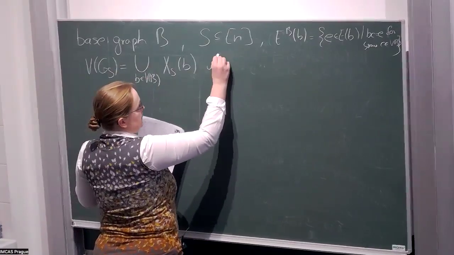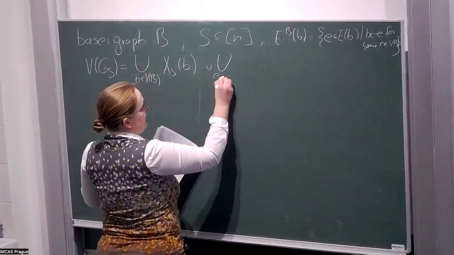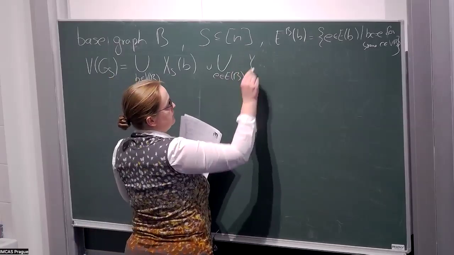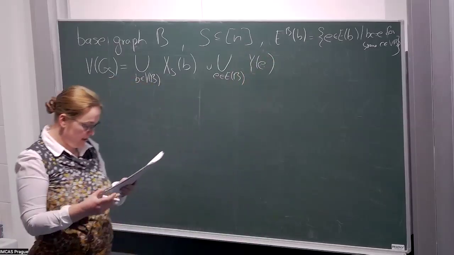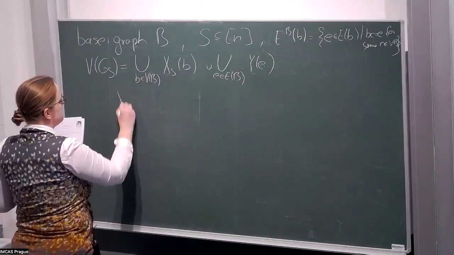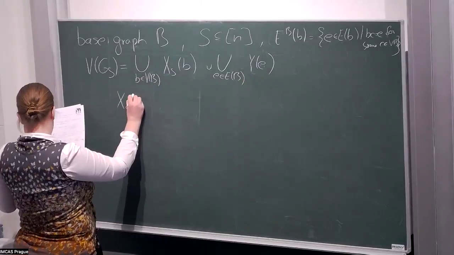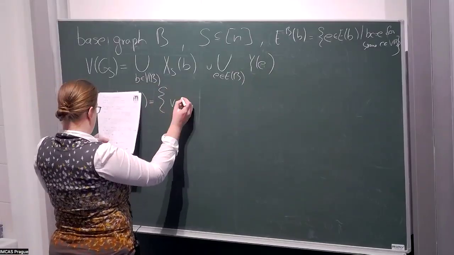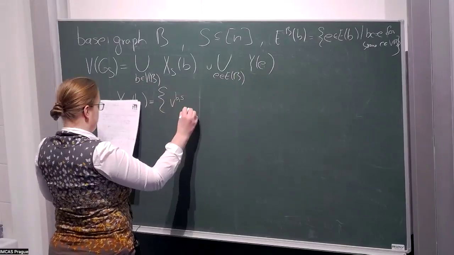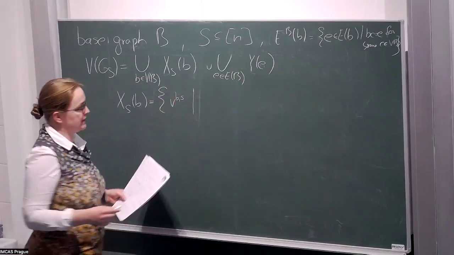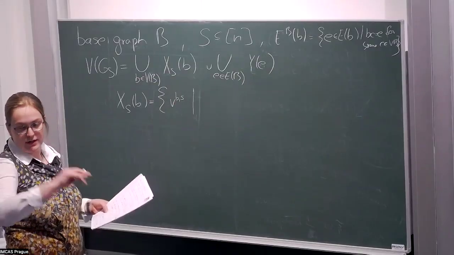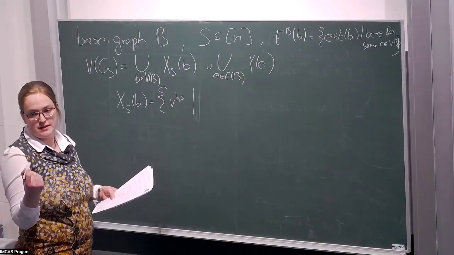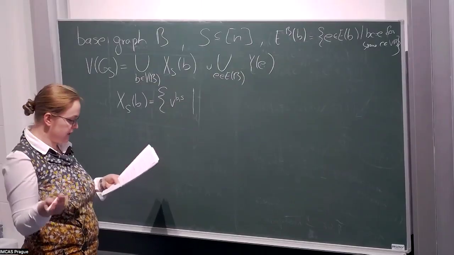And then we also have some union over the edges of the base graph. And are those sets? So for each vertex of the base graph, we look at the subsets of the edge set which are incident to this vertex.